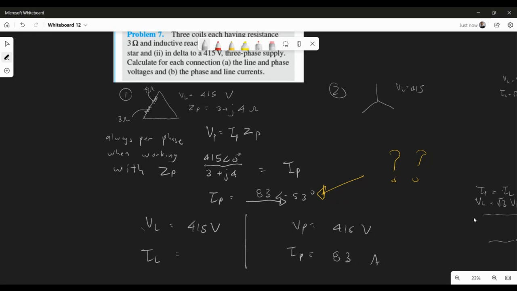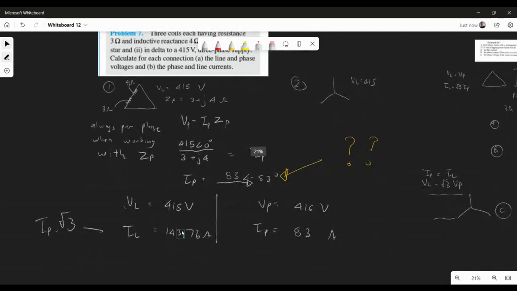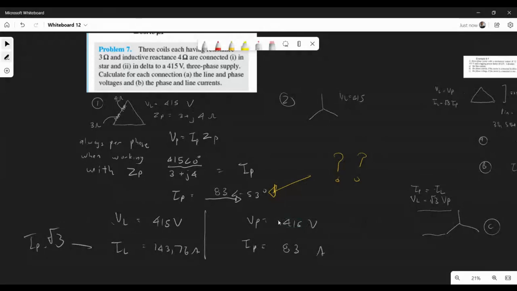Mr. Sima? Yes. It's basically times root 3, and it would be 143.76 amps. I'm deliberately not including the angle because the angle is the same, the power factor angle. Obviously, this is your phase current times root 3. Cool. And you can compare the values there, it draws more current, less current. Interesting.